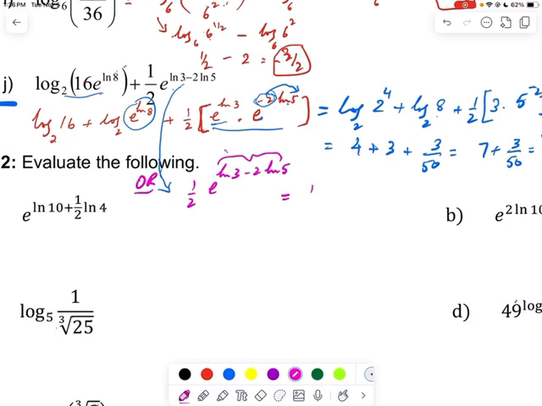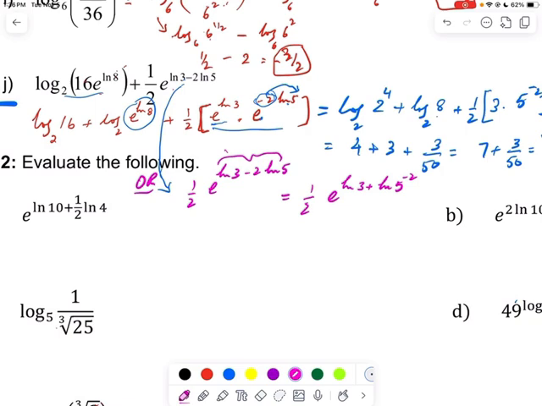So we get 1/2 e to the ln of 3 minus ln of 5. Remember, this 2 has to go as a power, so you can take the power -2, then there will be a plus sign in between, so we can write it like ln of 3 plus ln of 5 raised to -2 and go from there.